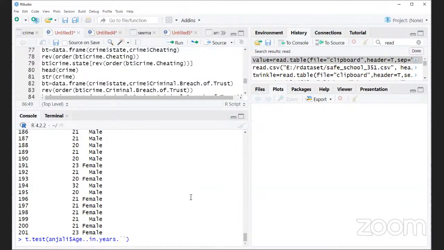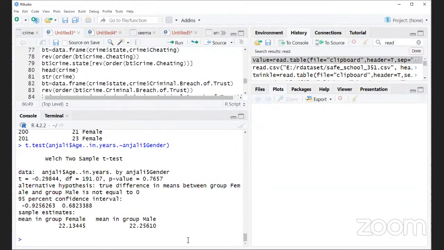After that, Anjali, dollar, there will be the tilde sign. Then Anjali, dollar, gender. Then enter. Okay. So you got it now?